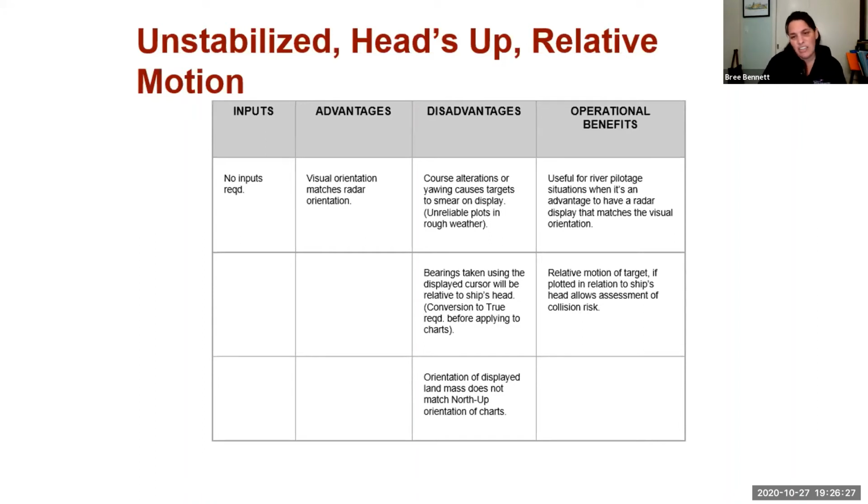But even then, I have not heard of many river pilots using a head-up display. It's not very common, I'm going to say. Maybe more common in the recreational world, I'm not sure. I'd love to hear if anyone has used one. I know most of you haven't used a radar, but anyways, head-up display is typically not used.